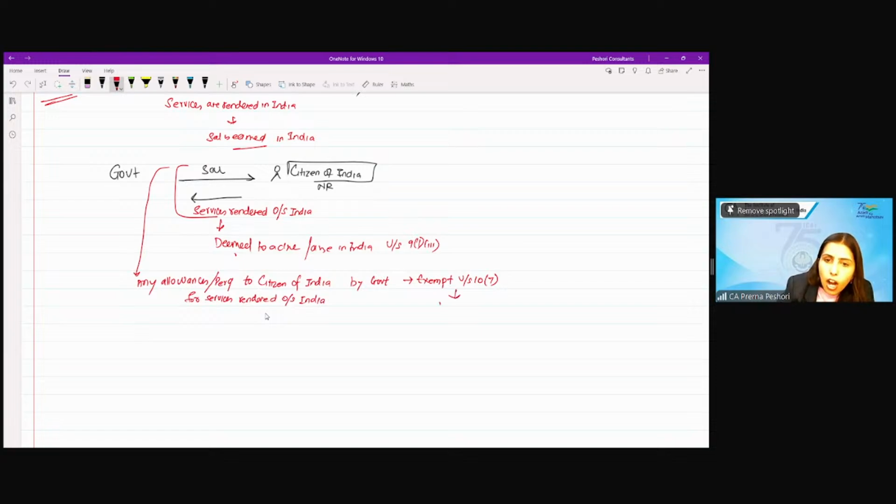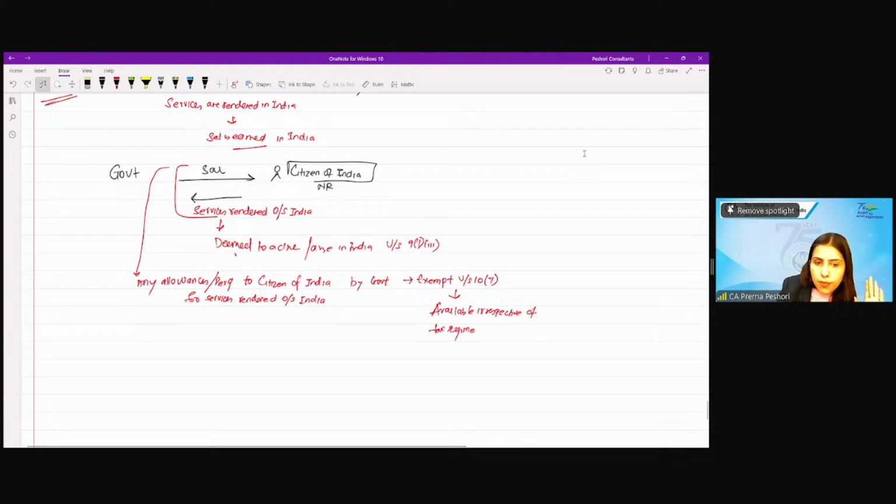And this is available irrespective of the tax regime which is there. You see, this exemption will still be available. Are we clear? So that is about 912 and 913.